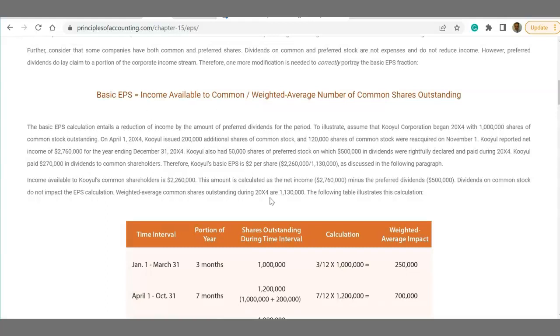But the basic earning per share is income available to common stockholders divided by weighted average shares. Why do we say income available to common stockholders? That means net income minus preferred dividend. Net income minus preferred dividend divided by weighted average number of common shares outstanding.